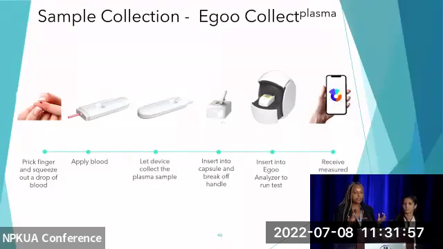Within the device, plasma will be extracted, and then on the opposite side, you will pull out this little 10 microliter of plasma that is compatible with the Phe capsule. Then you insert, break off, put it in the Egoo analyzer, and then within 30 minutes, you will get your results displayed on the app.